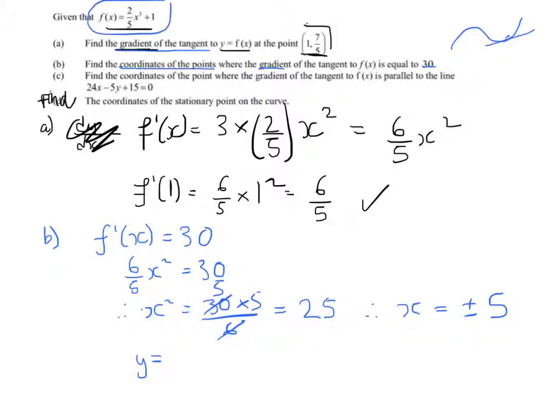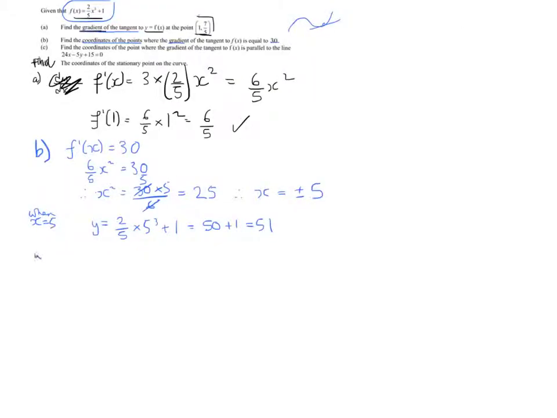Okay, so when x equals 5, y equals 2/5 times 5 cubed plus 1, which is 2 times 25, so 50, plus 1, which is 51.